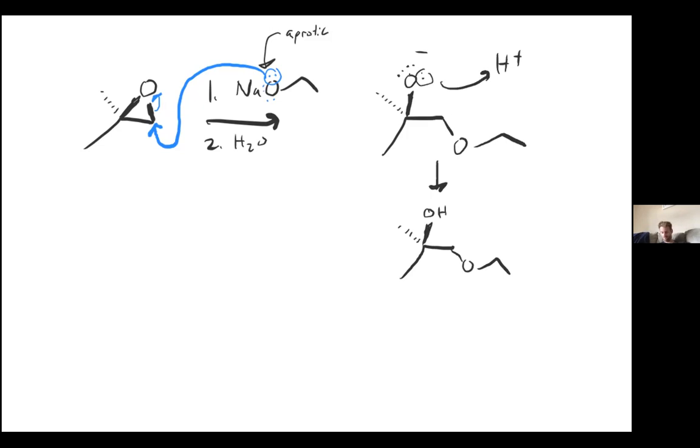So if we're looking at this from an analytical standpoint, our epoxide is connected to two different centers. One of them is primary. One of them here is tertiary. We're in an aprotic solution, so we're going to come in and attack at that primary center.